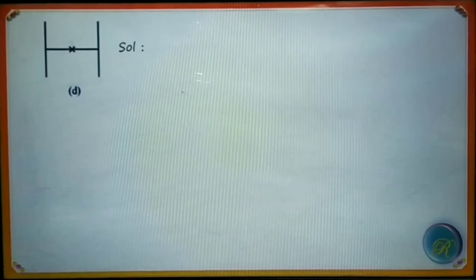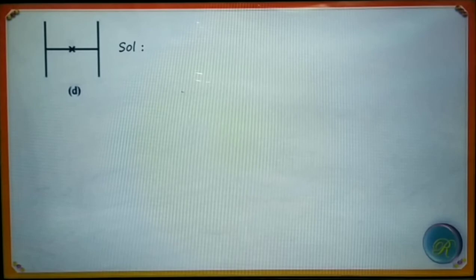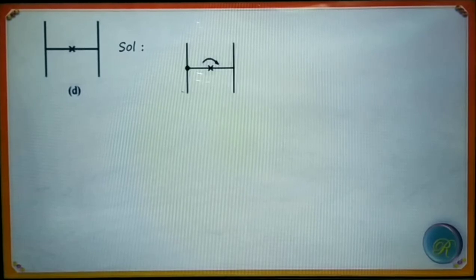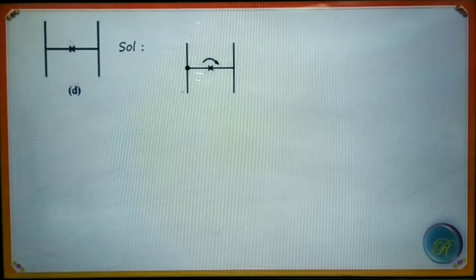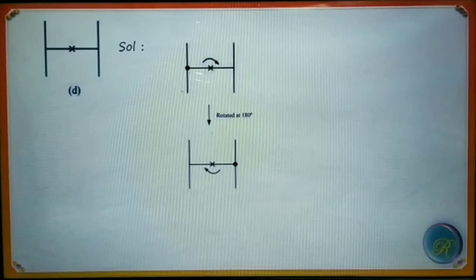Figure D. Solution. Consider the original figure. When you rotate this figure about 180 degrees, then you will get this figure.